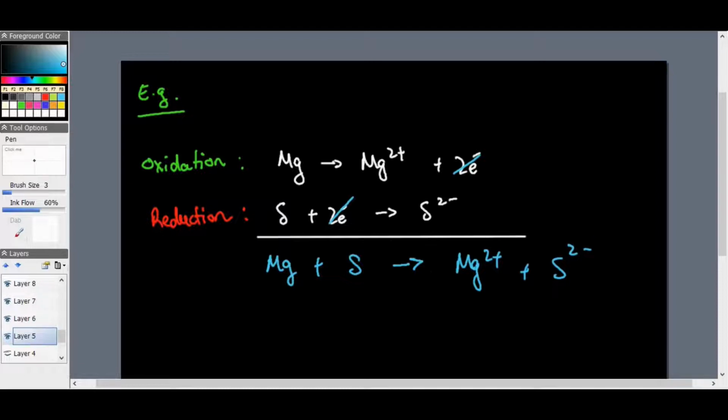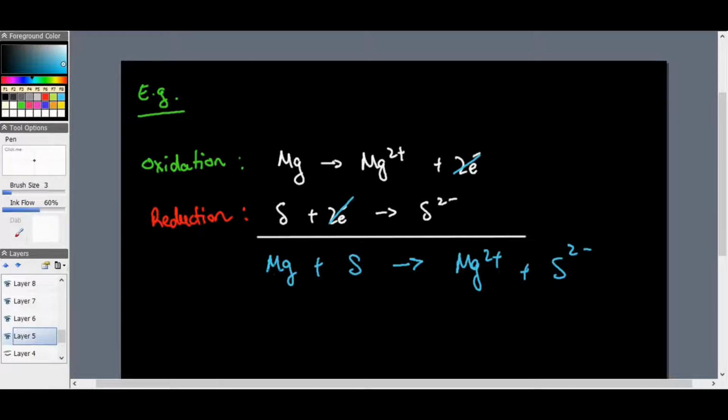Now let's say we got this reaction here and they ask to identify the oxidizing agent. The oxidizing agent is the substance that causes the oxidation of the other substance and is itself reduced. In that whole definition, you need to just remember the last part, is itself reduced.